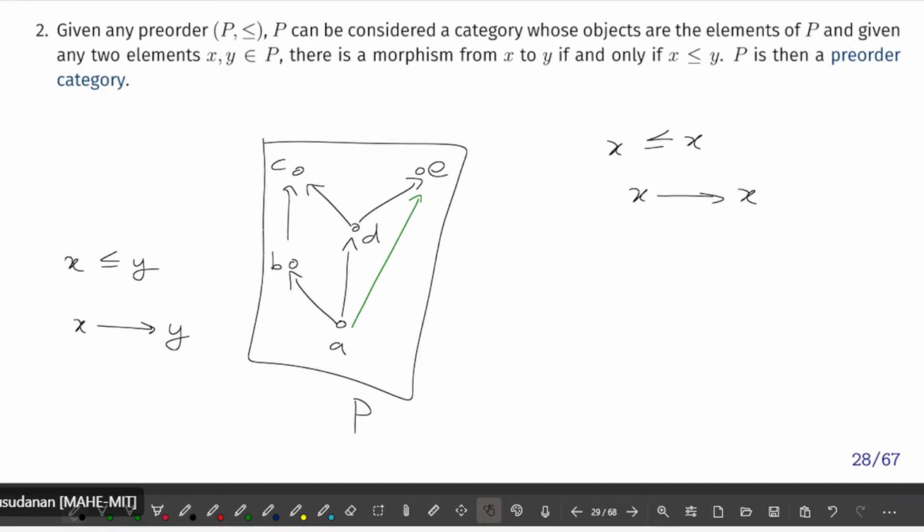An arrow, arrow? Right? Arrows are actually arrows.